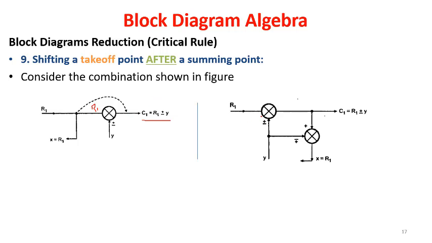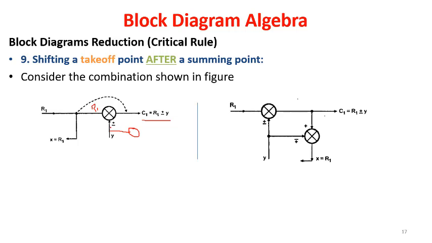So here, while shifting the takeoff point in front of the block, we have to bring one additional summing point, and the previous summing point will be there itself only. From this one we have to add one more block like this.